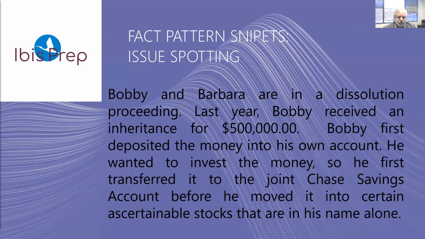Now, when he then moves it into stocks, and I had to use the word ascertainable stocks on purpose, stocks are a little bit different because stock is actually you own a portion of a company. So if, for example, let's say he owned 1,000,000 shares of Apple, he's a rich guy, and 1,000,000 shares of Google. If he takes the $500,000 from the joint account and he buys a third stock, and let's say that's SpaceX stock.